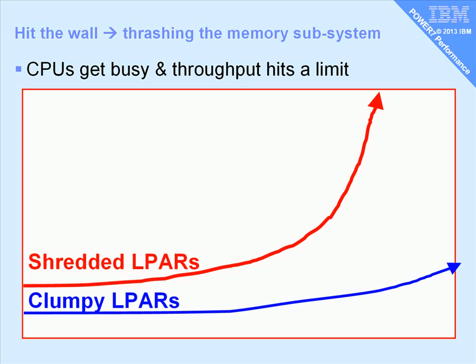If you look at your Redbooks and look for those diagrams that show the interconnection between all the chips, the X, Y, Z and the A, B buses, then you'll see how many can be concurrently active doing a transfer at one time. If you're shredding your LPARs across the machine, you're greatly increasing the chances of having to do remote memory accesses and hammering those memory subsystems.